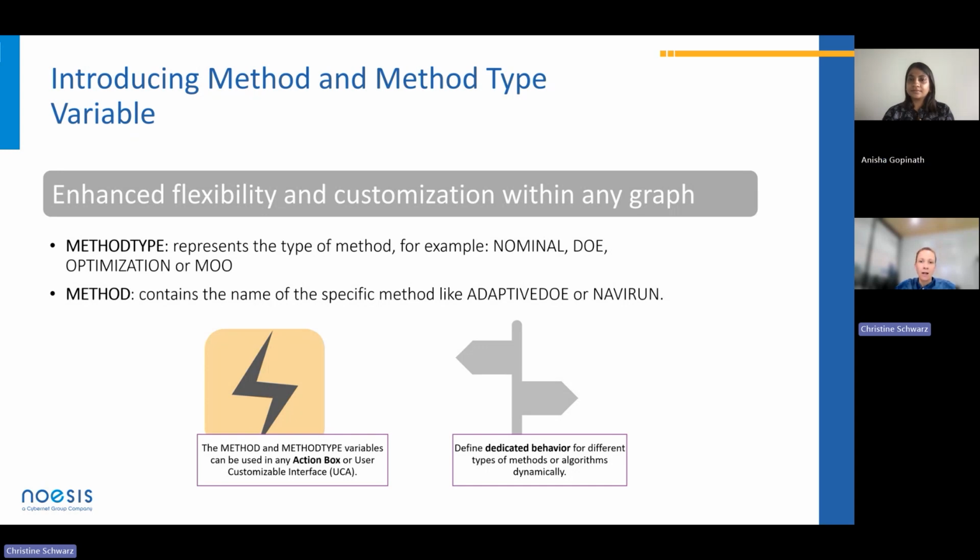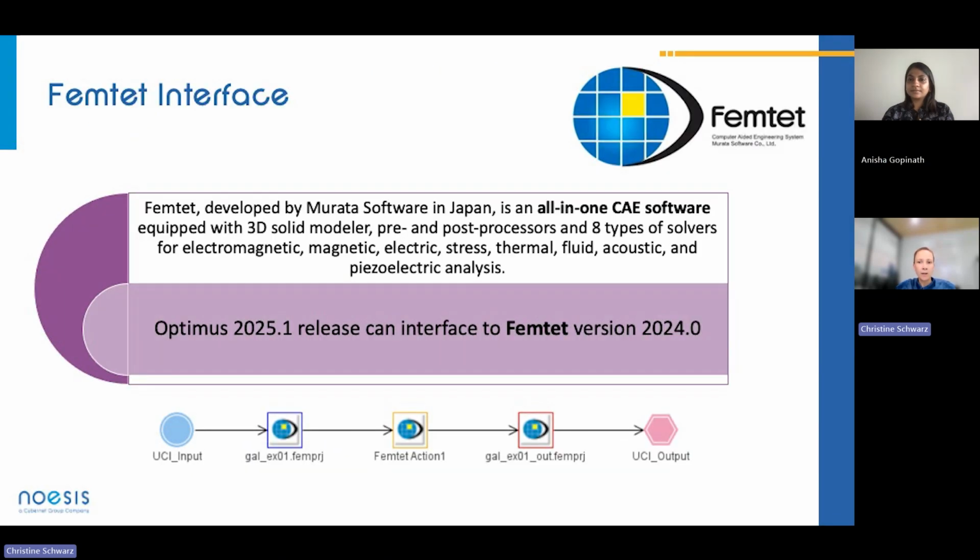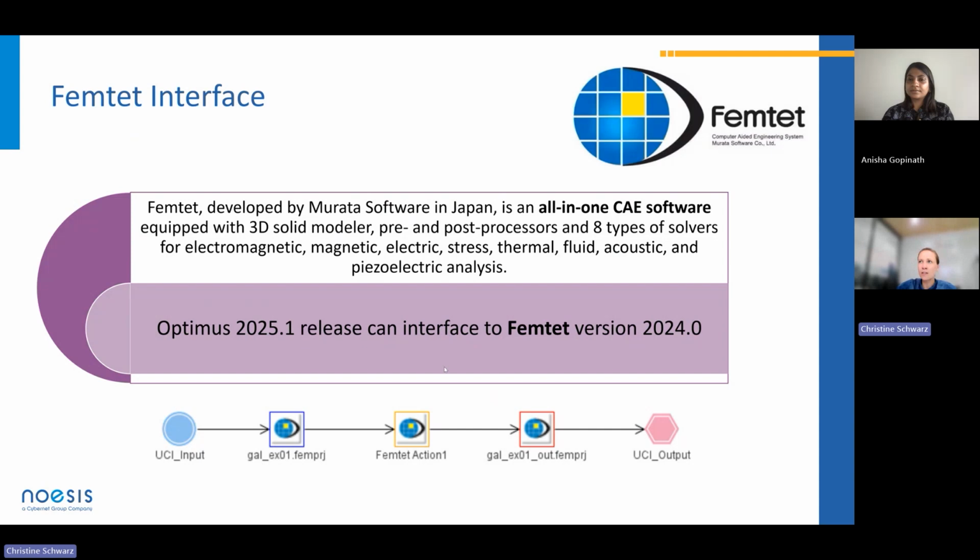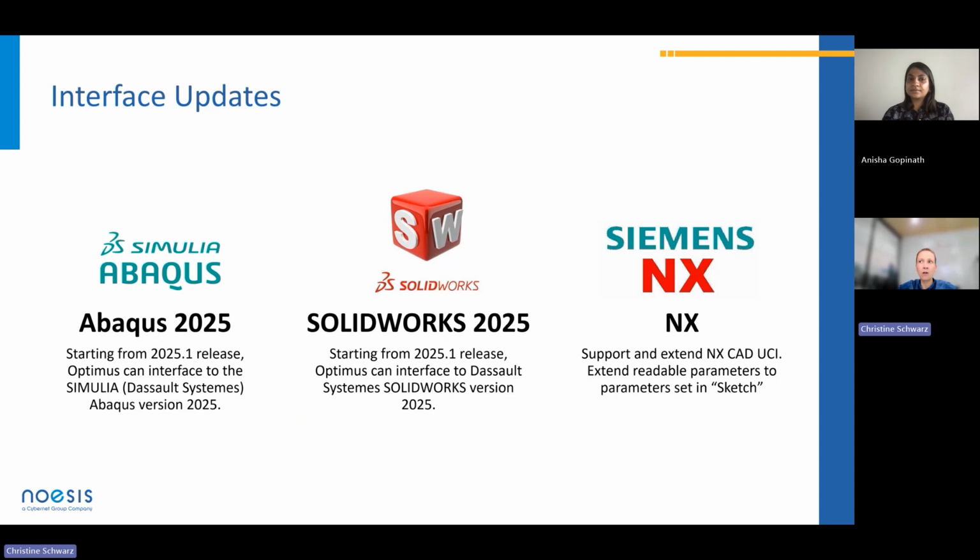And also we have adapted new interfaces. So starting with this release, we are supporting a new interface for the software Femtet. But also we have updated several of the interfaces that we're already supporting. This includes Abaqus, SolidWorks, or NX interfaces.